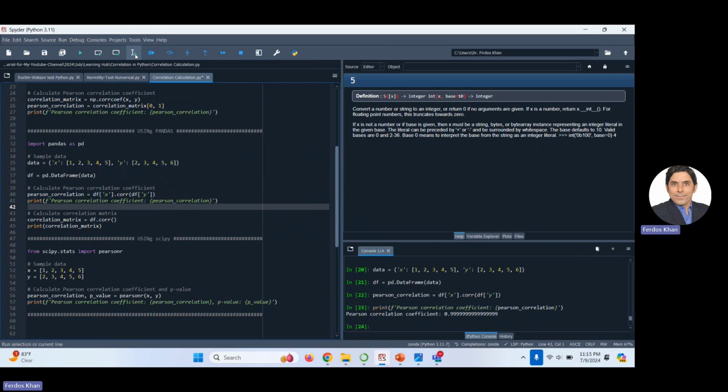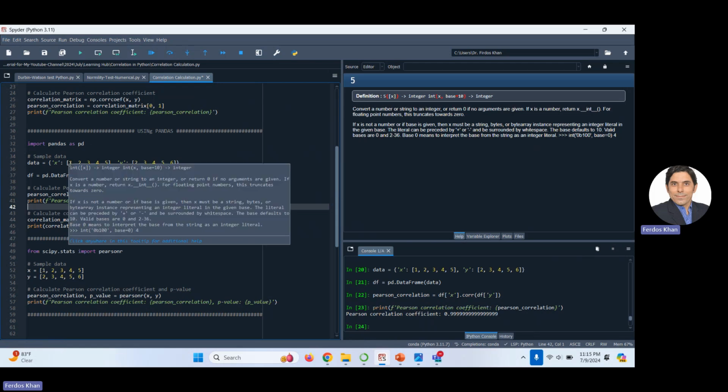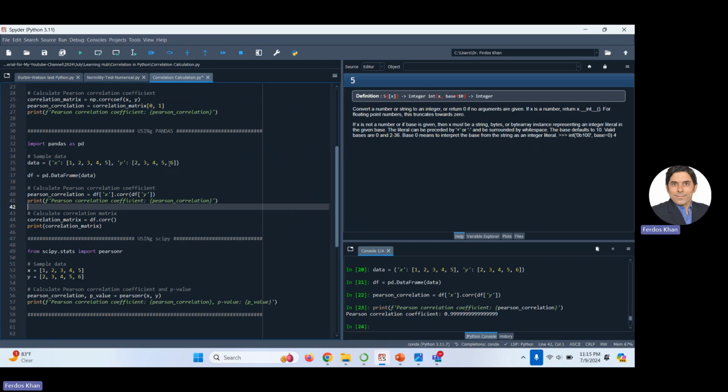Remember that this is 0.99, because these values are very close. If you draw it, they will be very close to the line, because 1, 2, 2, 3, 3, 4, 4, 5, 5, 6. Of course, when x is increasing, y is also increasing. So when you draw a scatter plot, the values will be almost on the line. So this is obvious. There is no need to worry about this.